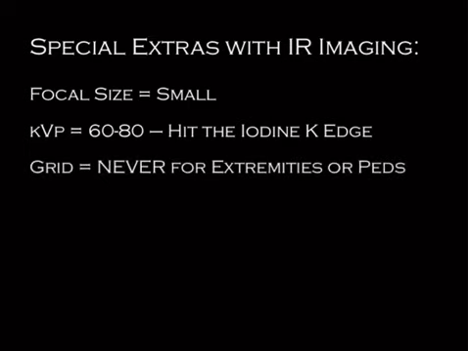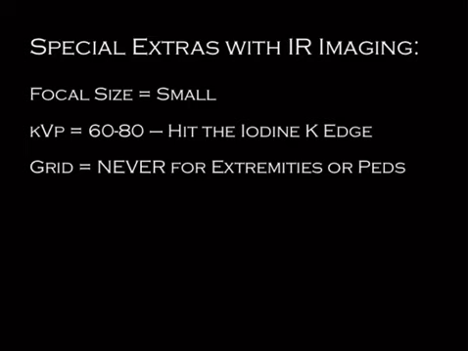And lastly, and this is, out of all of this, probably the most testable point because it's a safety thing: you don't use a grid for small things. If you remember back from prior talks, I said that a bigger body part gives you more scatter and a smaller body part gives you less scatter.